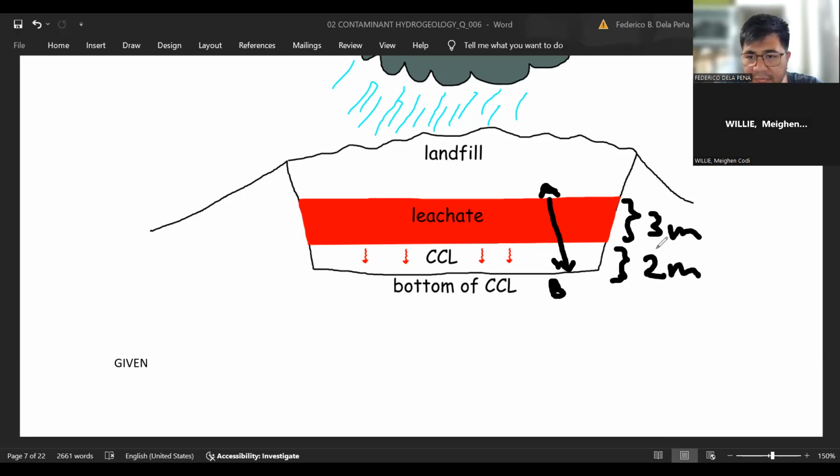That is basically 3 meters plus 2 meters. Therefore, the hydraulic head difference is just 3 plus 2, which is equal to 5 meters. Now, the flow path length is quite different. It would be quite different now.